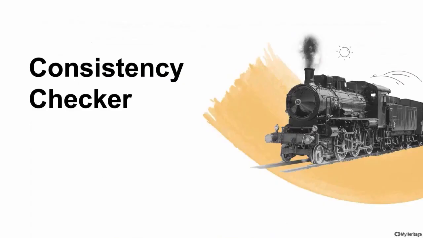Okay, going to another tool that talks about the family tree, but from a completely different direction, which is the consistency checker. The consistency checker is in fact a tool that looks at a lot of these things systematically. So we have a list of different things that we check, one of them being what we mentioned. And it looks at all the people in your tree and systematically looks for those problems.